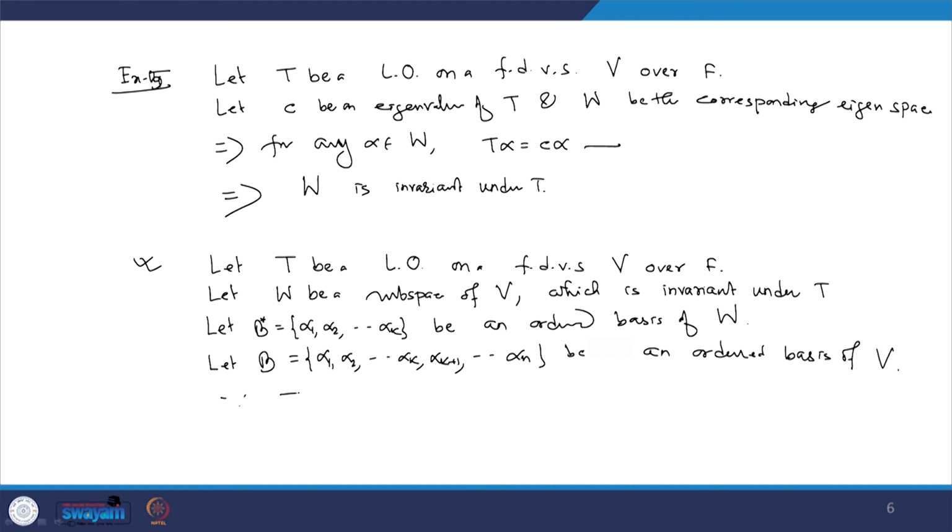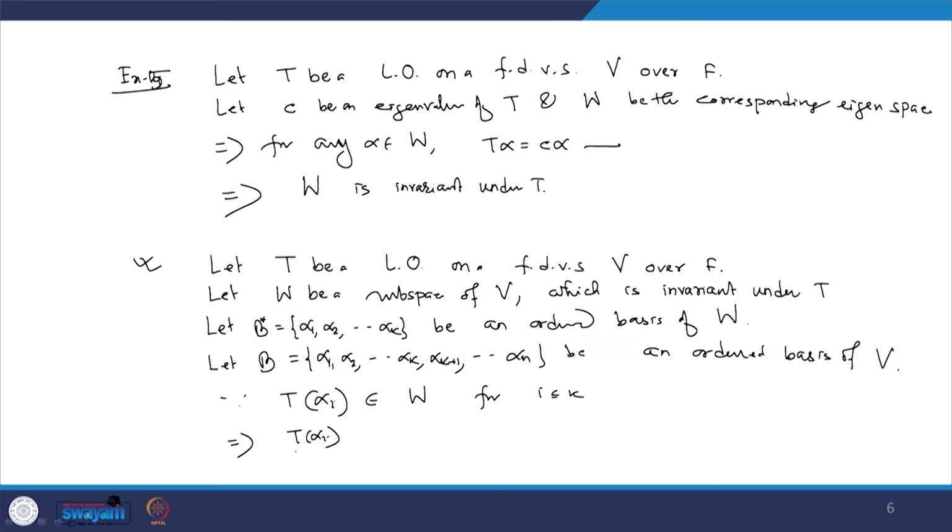Since T of alpha i belongs to W for i less than or equal to k, this implies T of alpha i, when i is less than or equal to k, can be represented by the ordered basis elements alpha 1 to alpha k only.